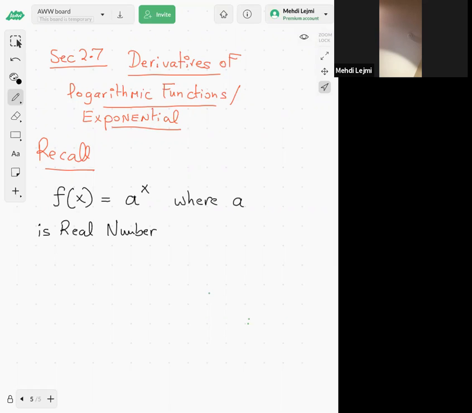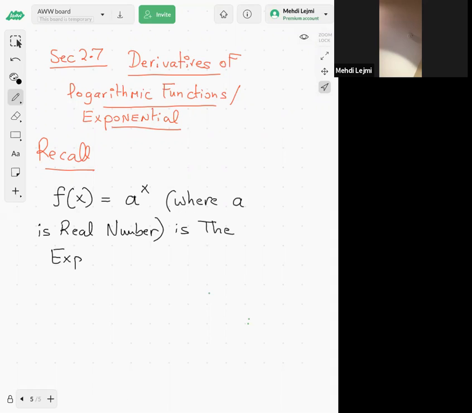So f of x equal to a to the power x is the exponential function with base a.